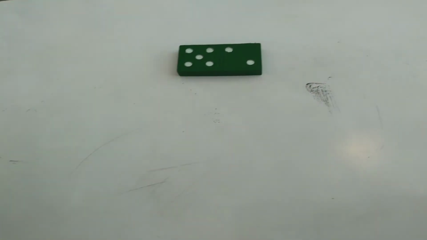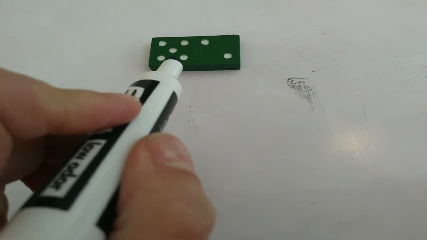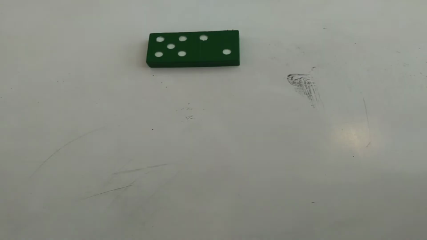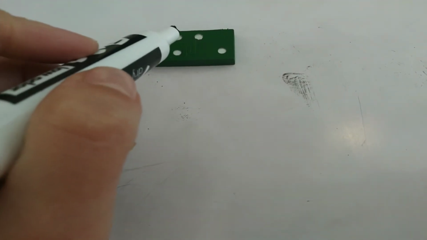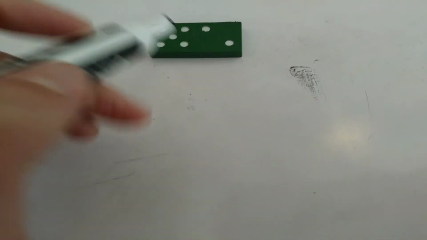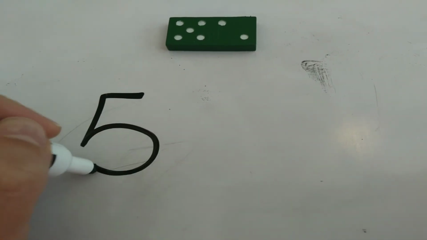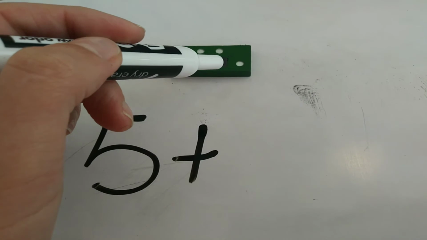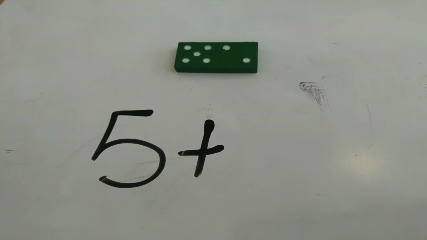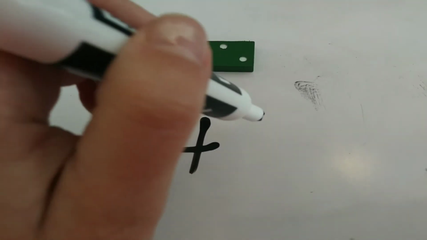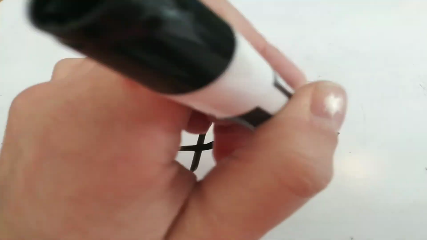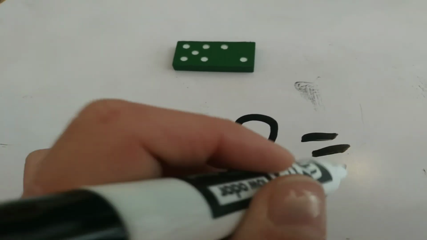Okay, let's try counting these two groups. Look at this domino. How many are on this side? Okay. 1, 2, 3, 4, 5. How many are on this side? 1, 2. Now, I have 5 plus 2 equals how many?